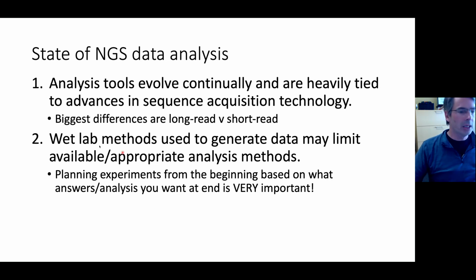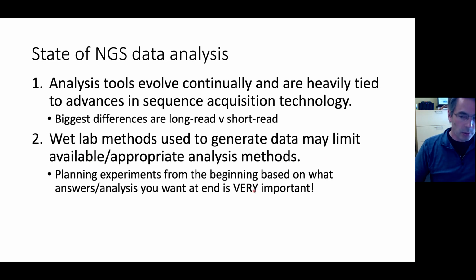Okay. The biggest differences today are long read versus short read. A lot of the methods developed for short read, because Illumina is so pervasive for so long, are not really useful. You have different methods and you have different problems associated with long reads. Okay. And then the wet lab methods that you use to generate the data can limit the available or appropriate analysis methods.